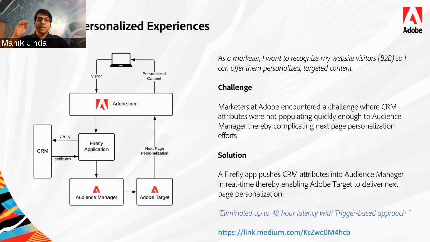They pull them in and push them into Audience Manager themselves, and this way they were able to offer next page personalization. As soon as you click a link on adobe.com, the next page has content targeted towards that particular visitor. And the team was able to eliminate 48 hours, up to 2 days, of latency with this approach.